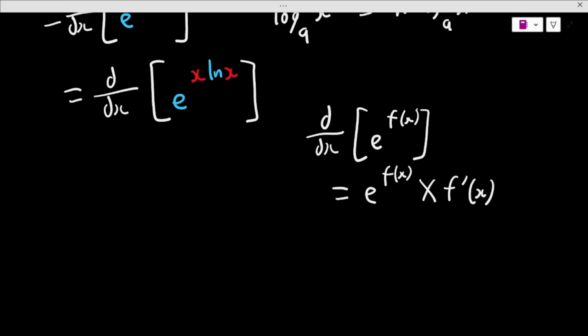Meaning, we are just going to copy the same thing again, then multiply by the derivative of the power. So what we can rewrite this as is the derivative is just going to be e to the x ln x times the derivative with respect to x of x ln x.